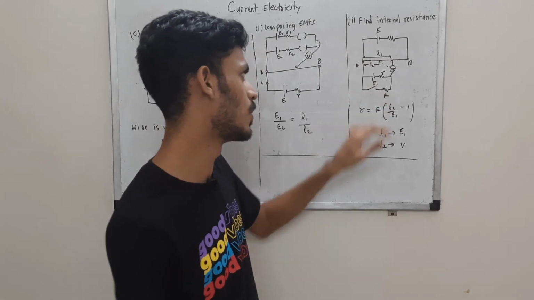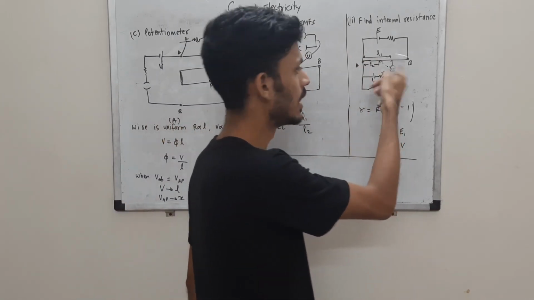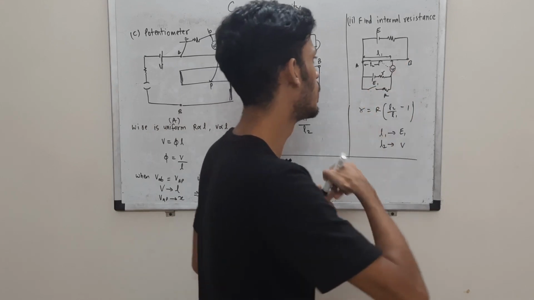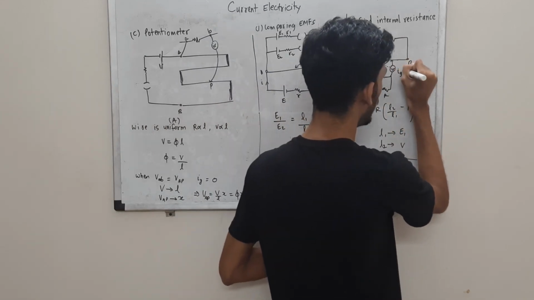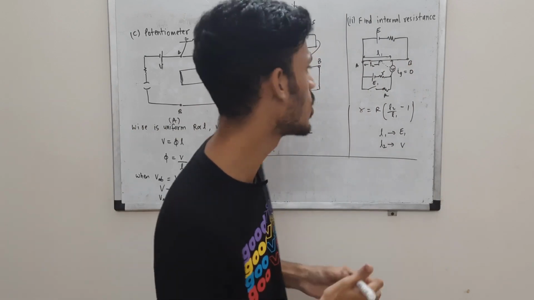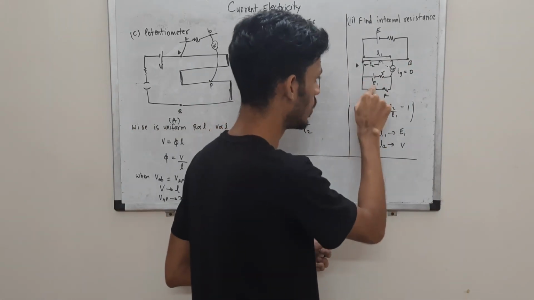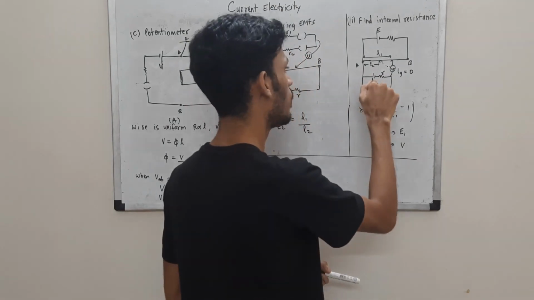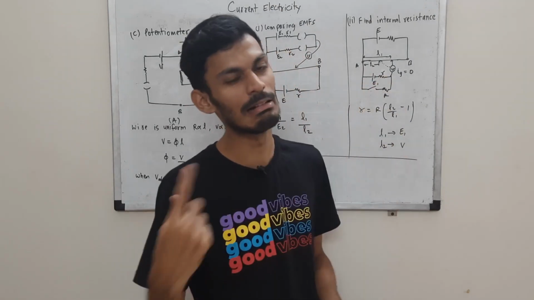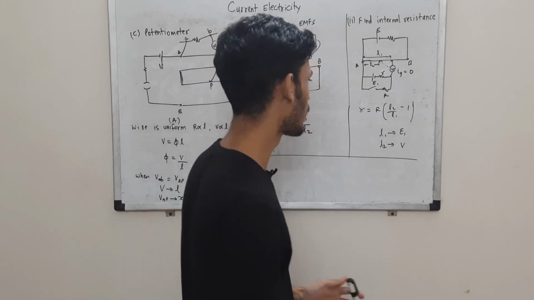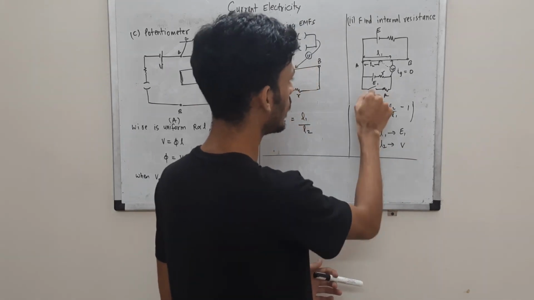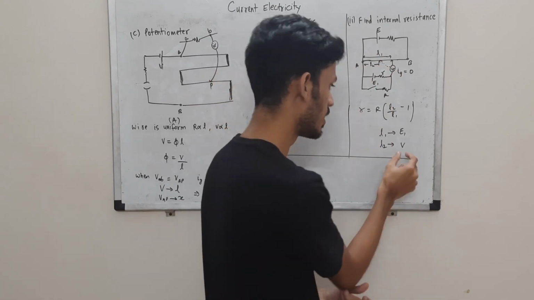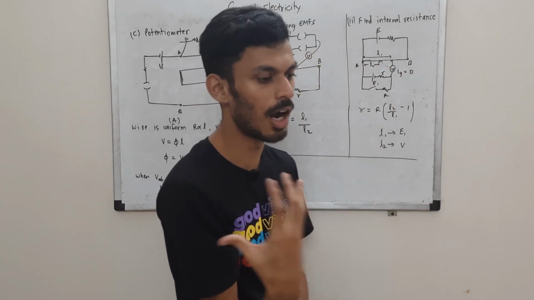Then we'll close this switch. When we close that switch, some current will flow in that circuit. Remember that there will be no current through the galvanometer at the balancing point, of course, but there will be current inside the cell. So some amount of potential will drop across the internal resistance. In the second case, when you close the switch, we are measuring a lower potential, the actual potential of the cell under action.